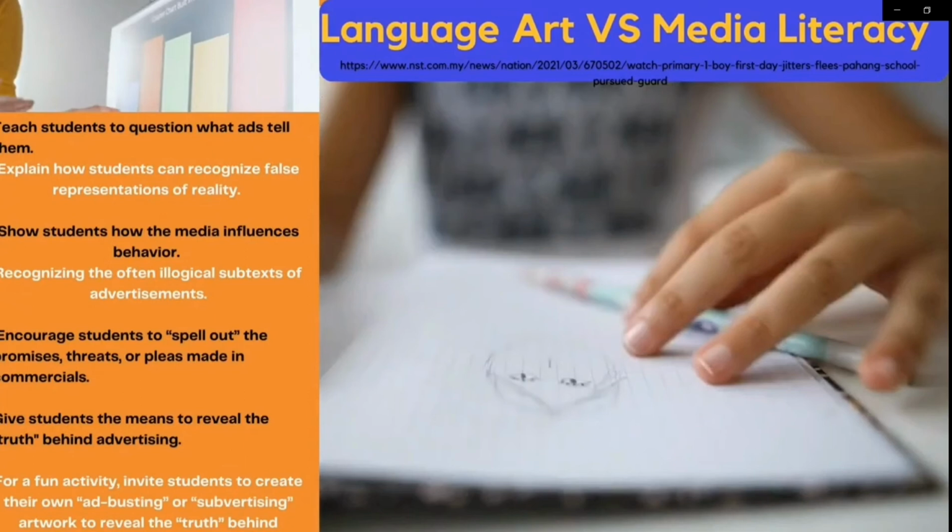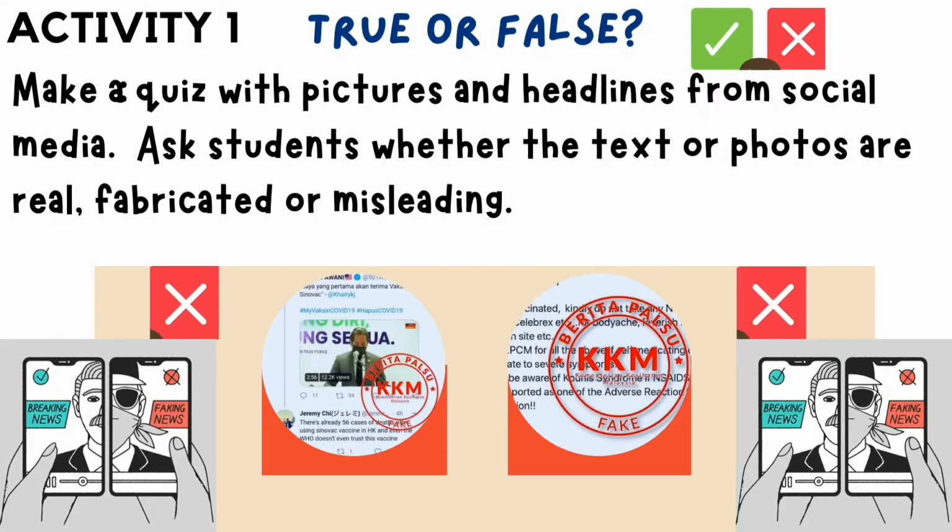I encourage students to spell out the promises, threats, or pleas made in commercials. I give students the means to reveal the truth behind advertising. For a fun learning activity, I invite students to create their own ad-busting or subvertising artwork to reveal the truth behind it.